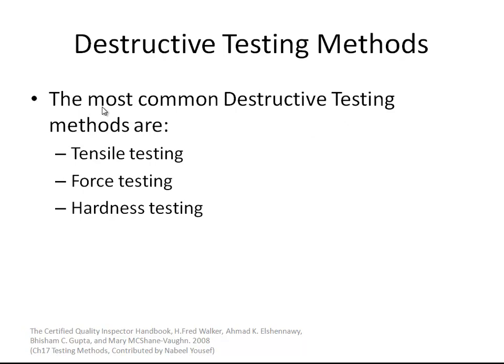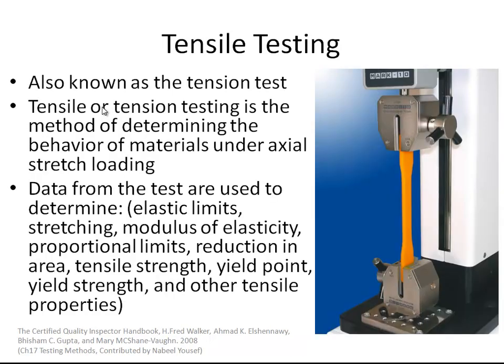The most common destructive testing methods are the tensile testing, the force testing, and the hardness testing. The tensile testing, which is also known as the tension test, is the method of determining the behavior of the material under axial stretching load.